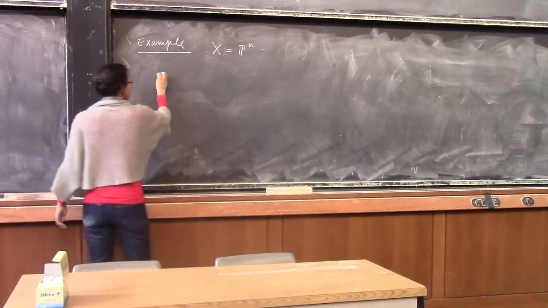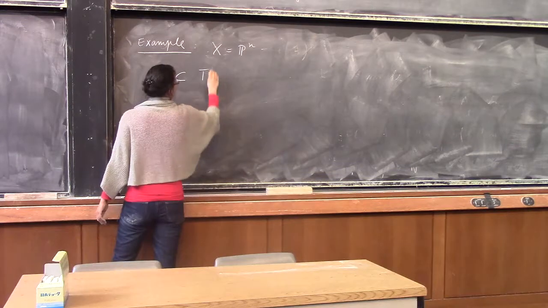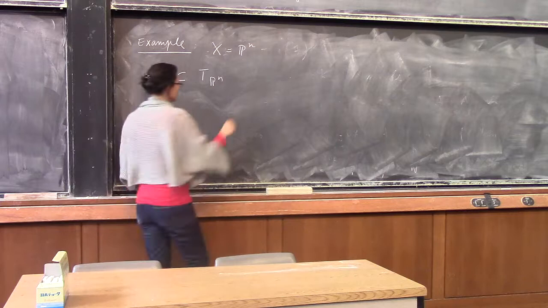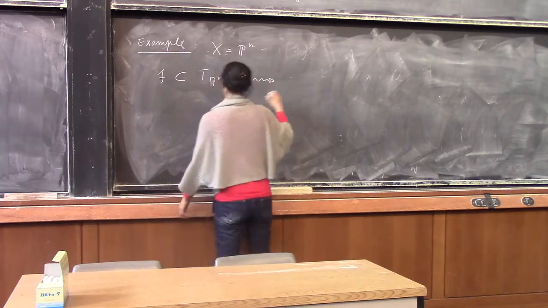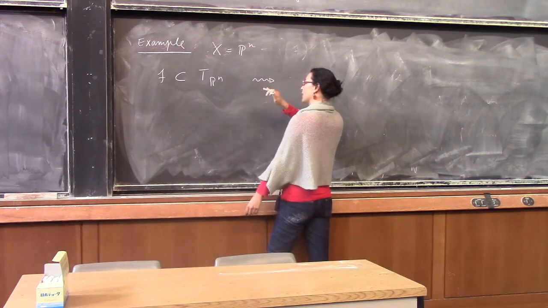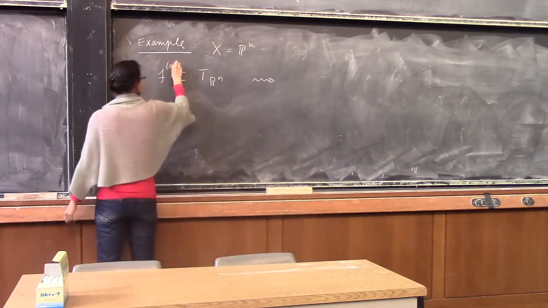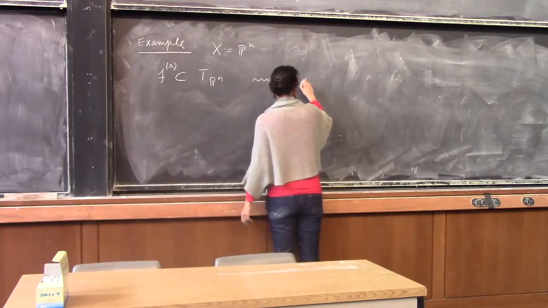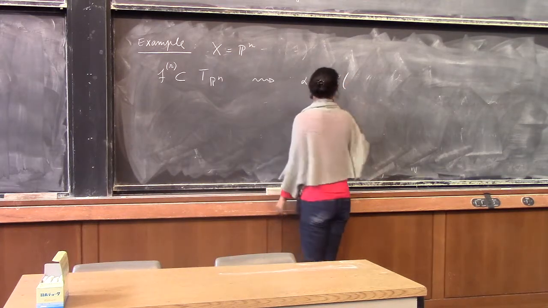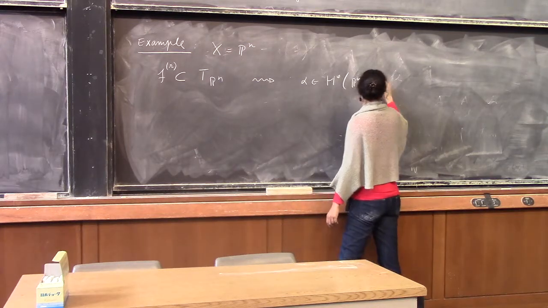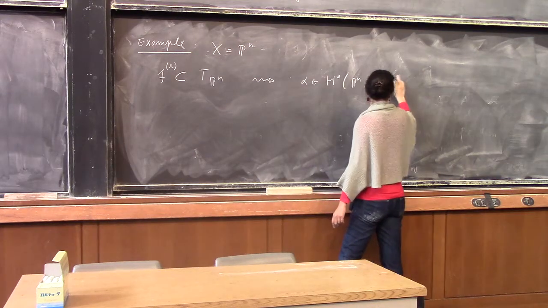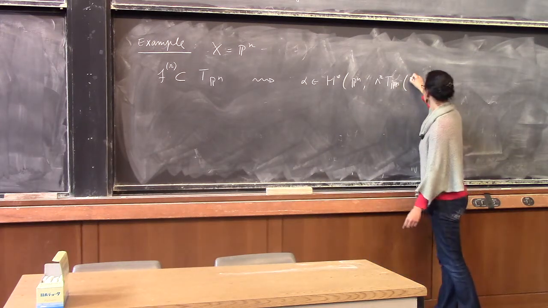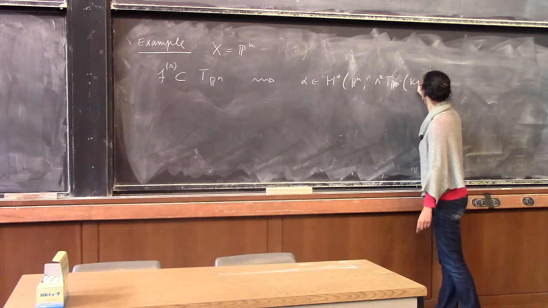So we have a foliation on P^n. This has rank r. If I take the r-th wedge power, what I get is a section of the r-th wedge power of T_{P^n} twisted by K_F.